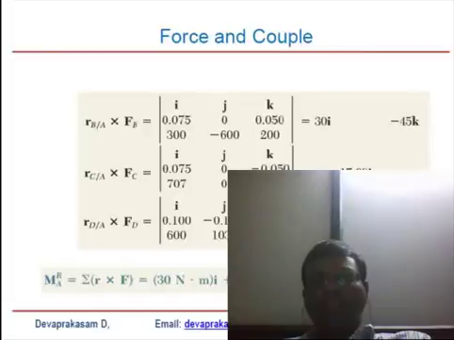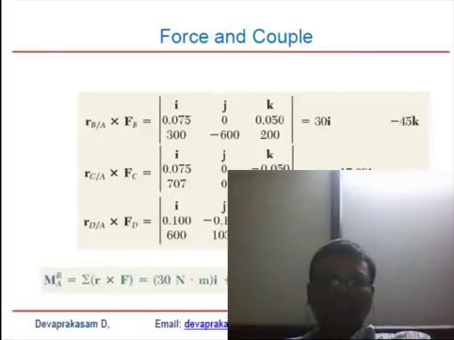Similarly, the CA vector with FC is equal to 17.68j. And similarly, if you take AD cross FD, it is equal to 163.9k.